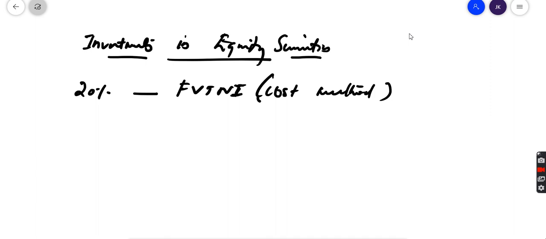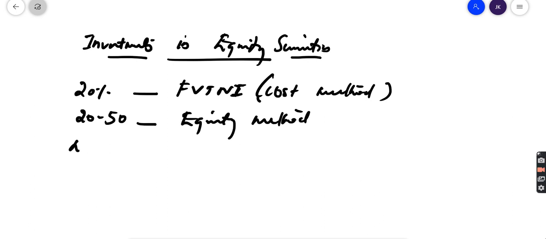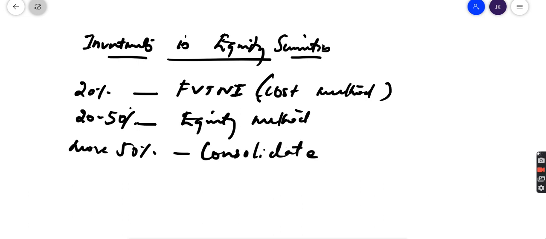All right, so let's see what are the typical scenarios here. Before that, for 20 to 50 percent investments, you will follow something called the equity method. More than 50 percent of the outstanding shares bought from another company, you will have to consolidate that company, which means that's your company.